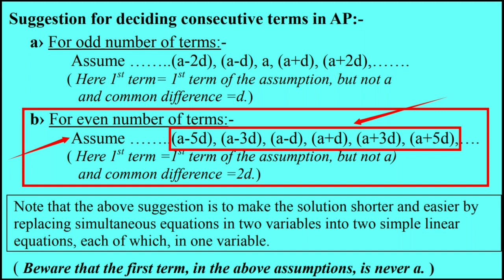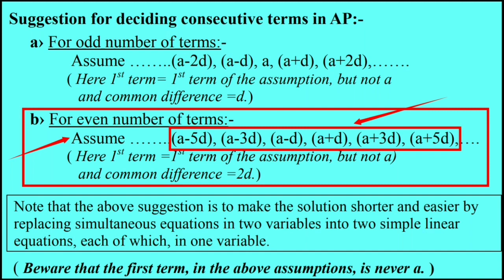Similarly, if we are to assume 6 consecutive terms of an AP, then the terms should be A minus 5D, A minus 3D, A minus D, A plus D, A plus 3D and A plus 5D.